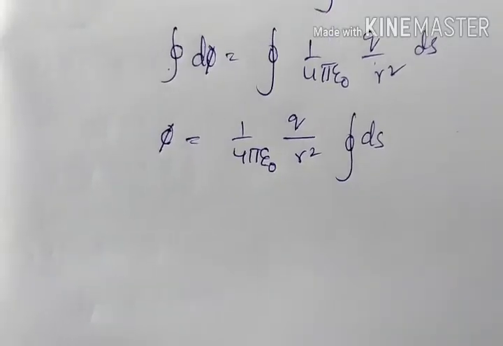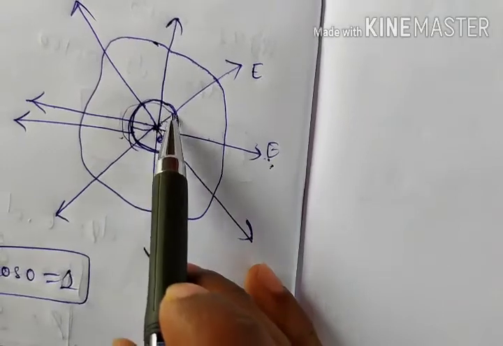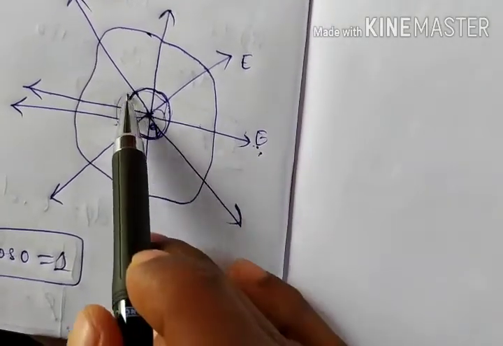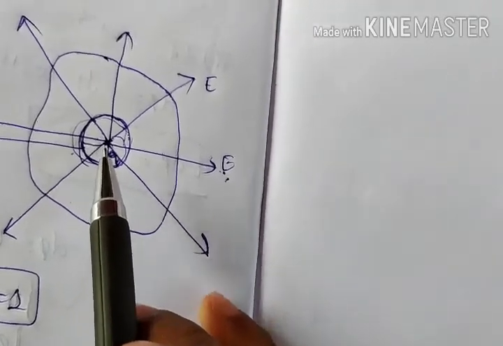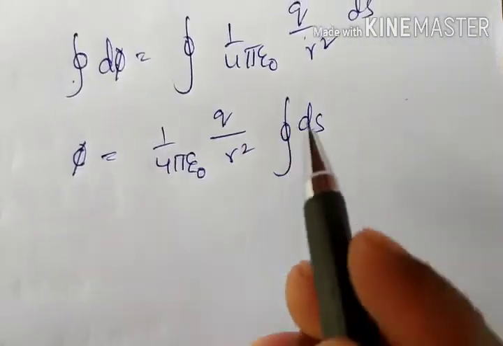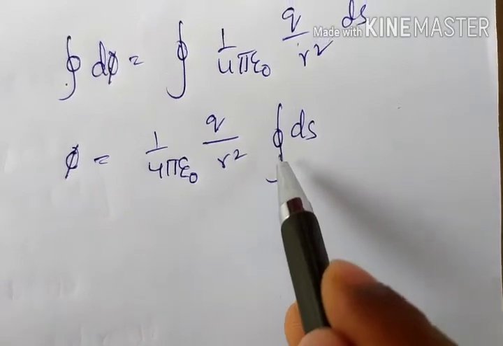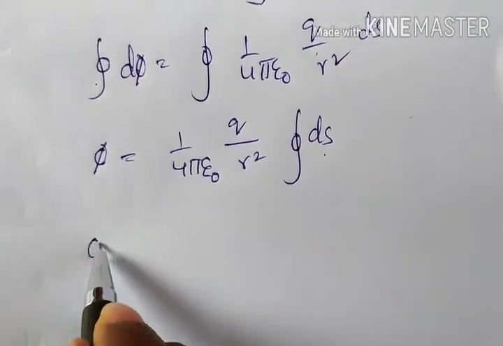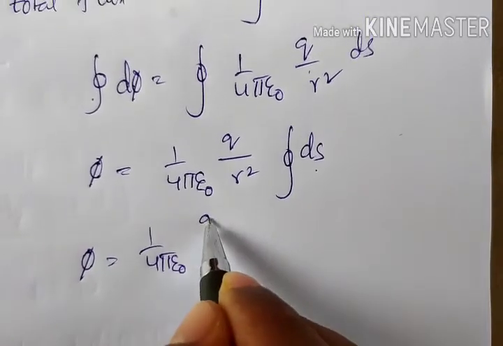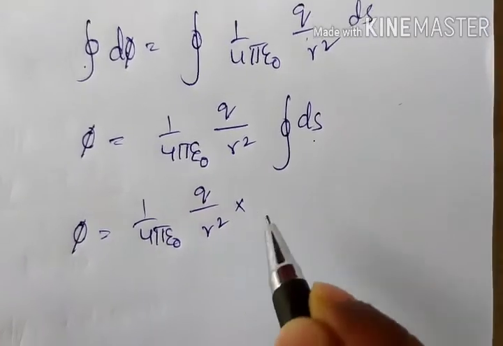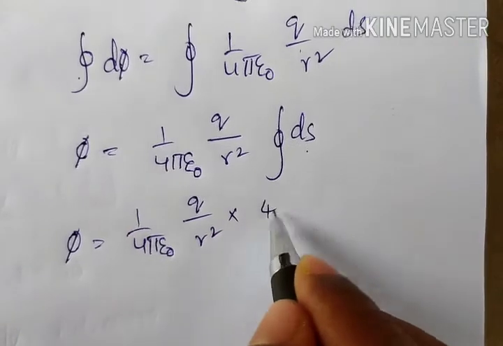Now we know the shape of the Gaussian surface, which is a sphere, so the area of a sphere is 4 pi r square.